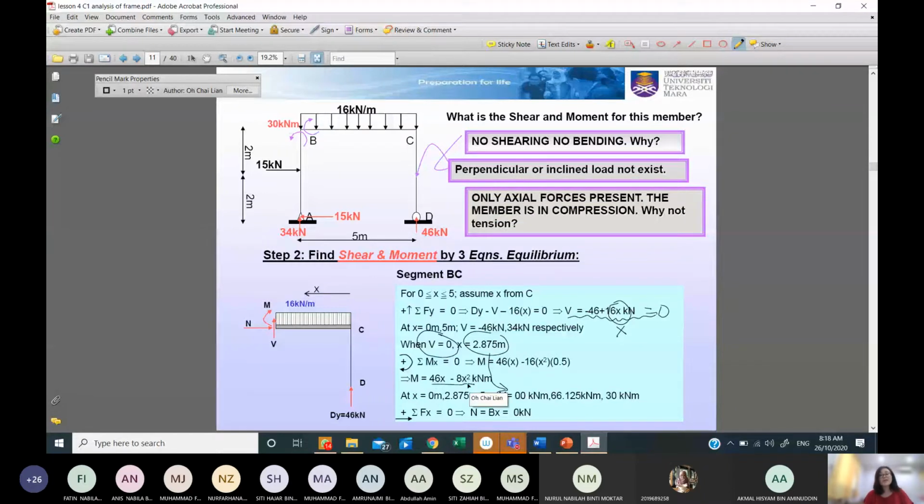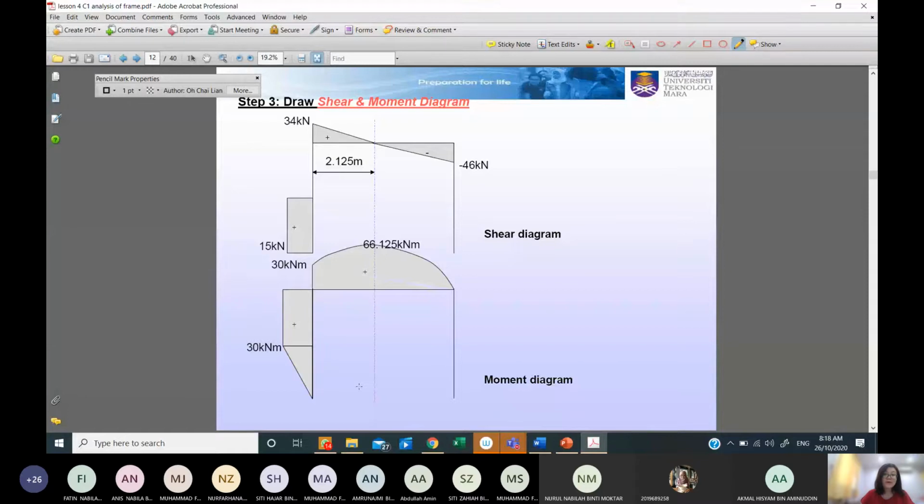Then you can get your inflection point immediately. So we also look at how to draw this bending moment and shear force diagram from these equations. So this is what we have learned last week.